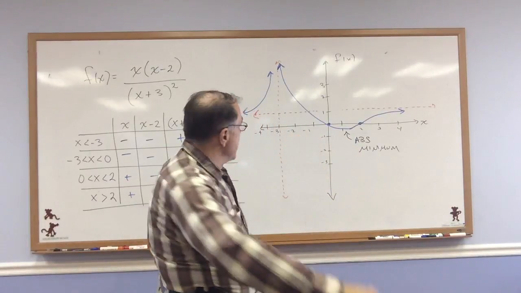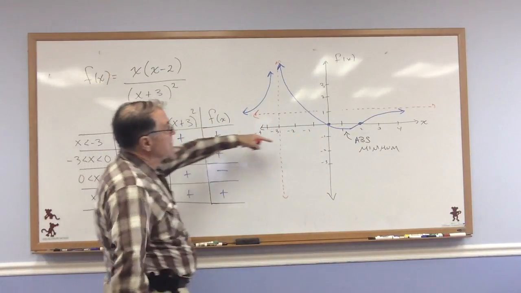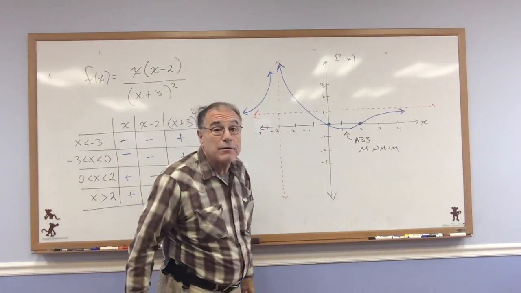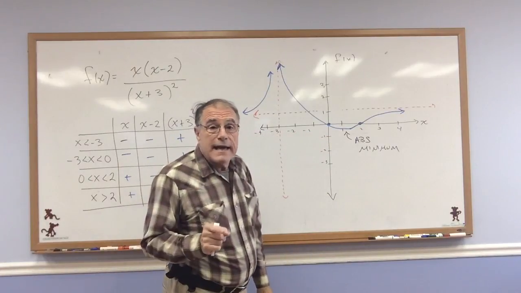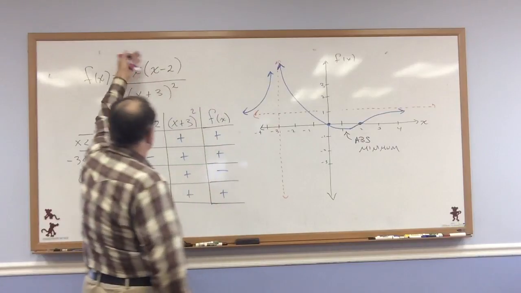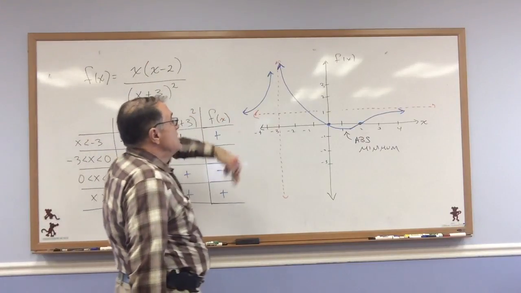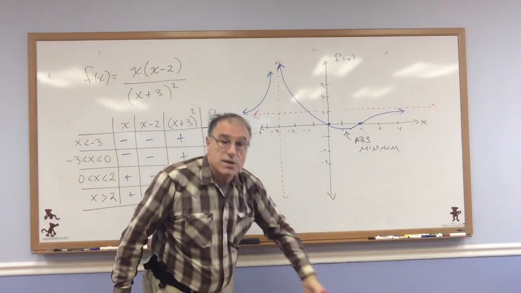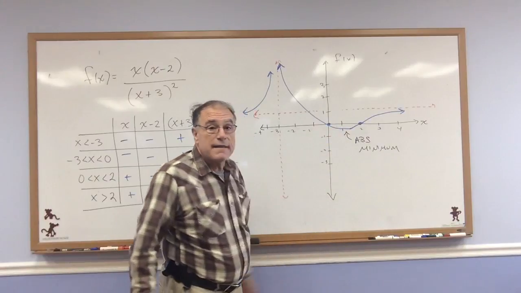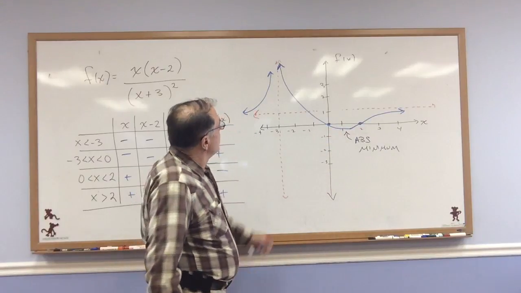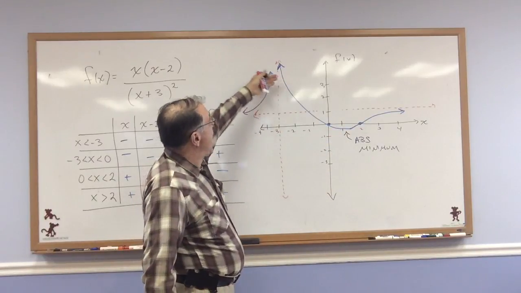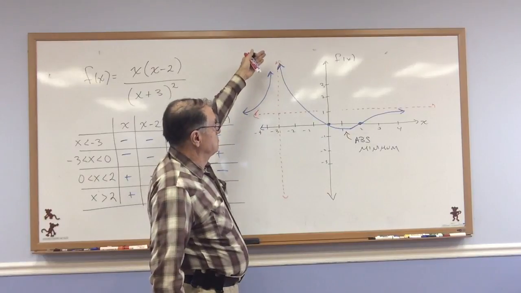We could take that value of x, plug it into the function, and find that minimum value. When you take calculus, you'll take the derivative of this function, set that derivative equal to 0, and sure enough, you'll find that location.